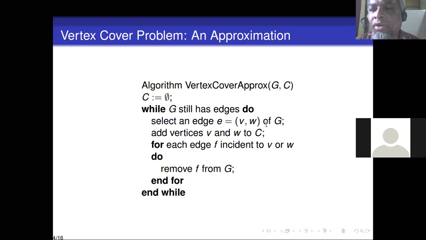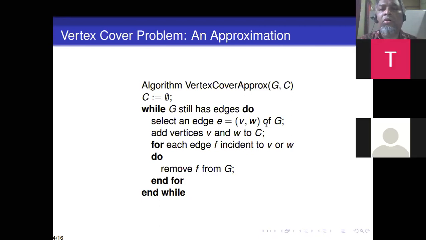Yes, sir. So what we are doing is, we are given a graph, we choose any arbitrary edge, and we delete the two end vertices of that edge. Because we know deletion of a vertex is the deletion of that vertex and also the edges incident to that vertex.